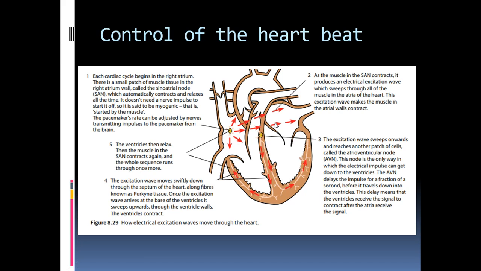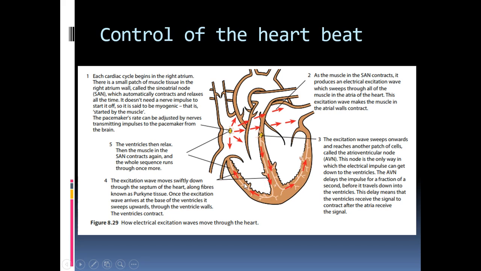Okay, so once the AVN has delayed the impulse for a while, the impulse will then be allowed to move towards the apex of the heart, or the base of the heart, through specialized fibers known as the Purkinje fibers. Okay, and this is also important because allowing the impulse to travel to the bottom of the ventricle first before they move upwards will allow the ventricle to contract bottom up, right?